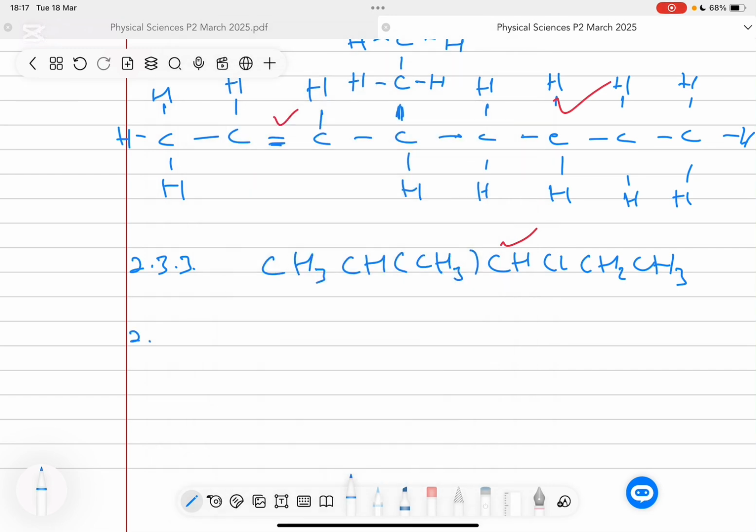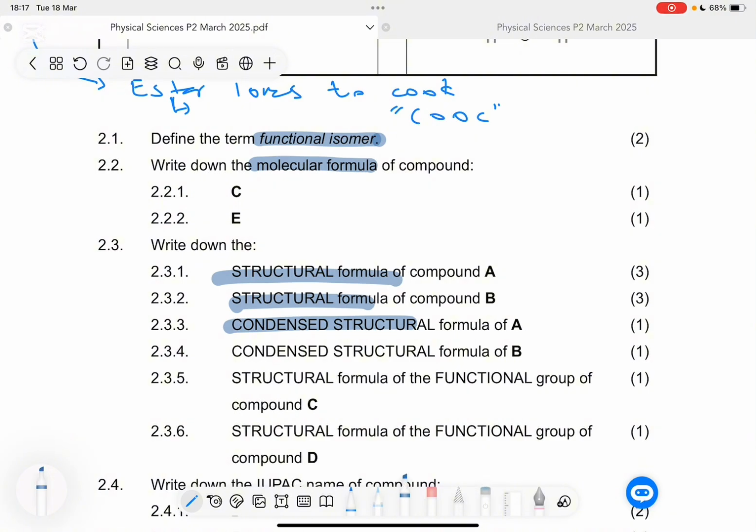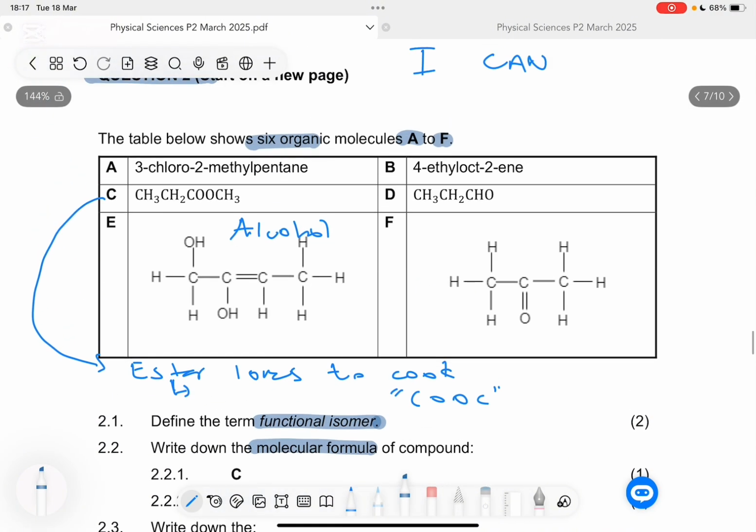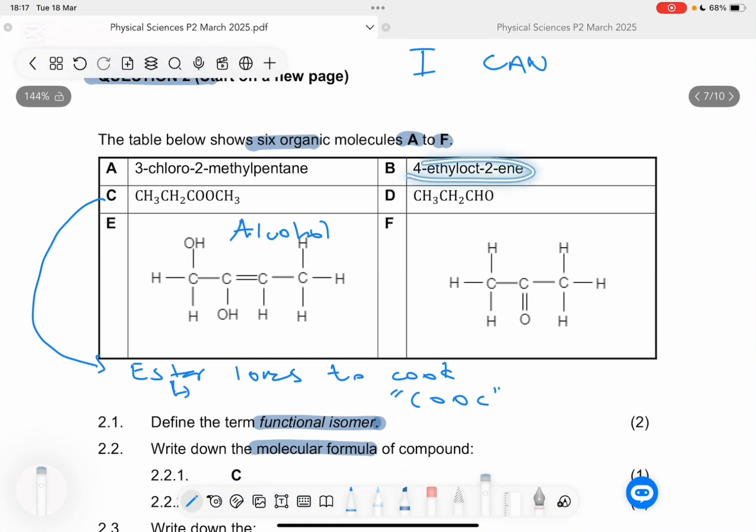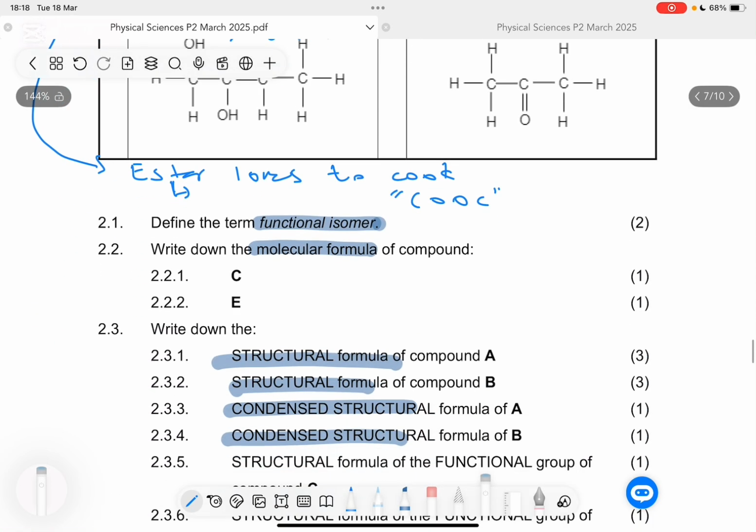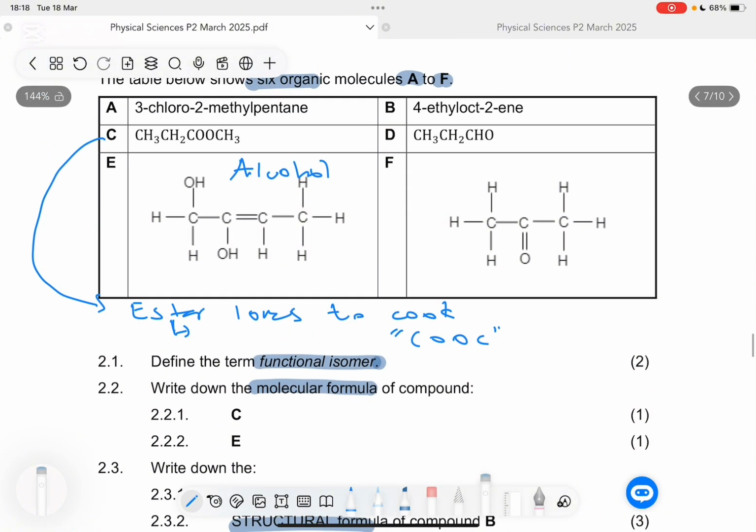So now we are ready to go to 2.3.4, which again requires us to do a condensed structural formula, but for B. Like I said, it's difficult to draw it from here. So we're going to look at the structure B, because we actually drew the structure B on question 2.3.4.